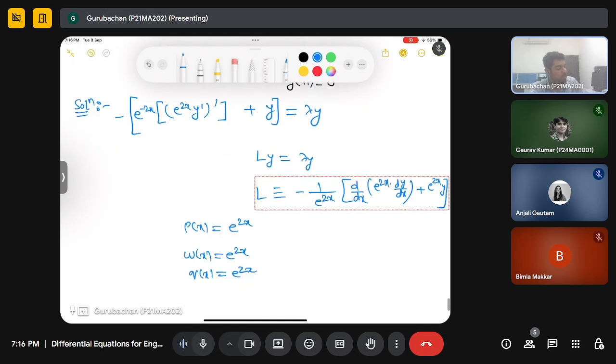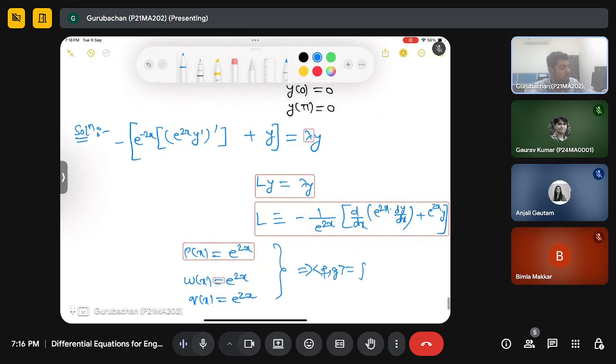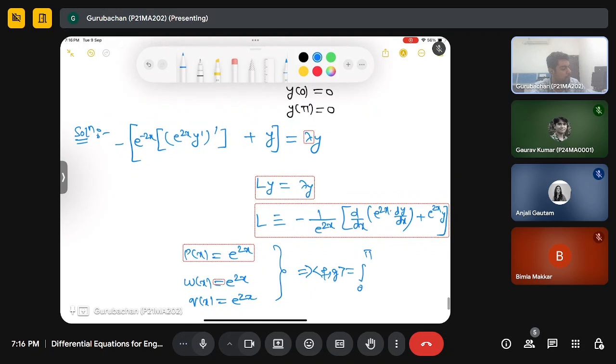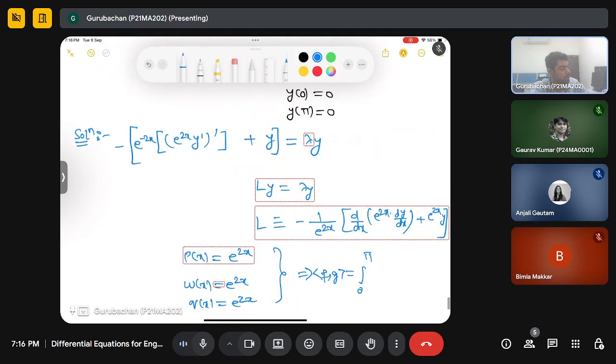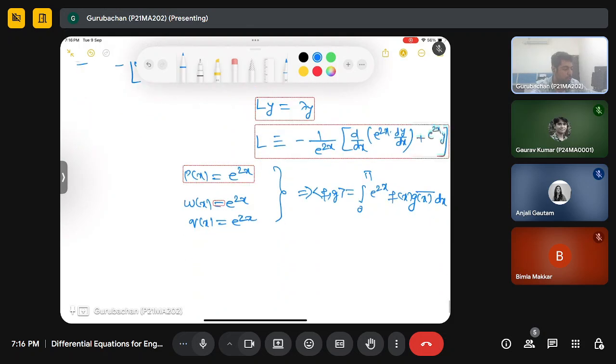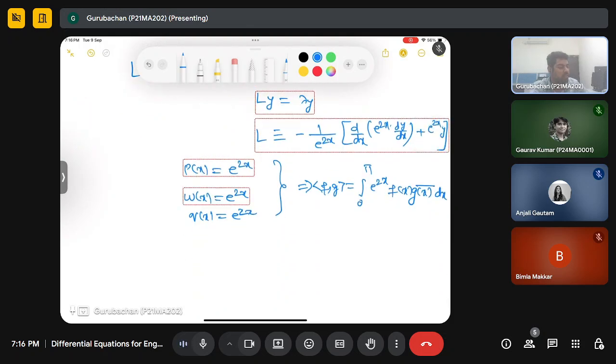And with respect to these, what will be your inner product? Since we are defining boundary 0 to pi, and omega x will be e to the power 2x, this will be the integral of fx gx conjugate dx. So this will be your inner product. I'm writing this just for convenience.